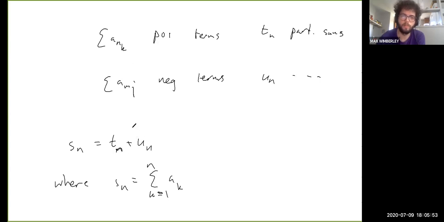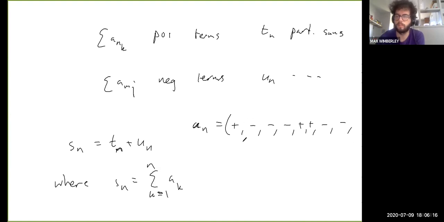Because the whole point of having to take these subsequences is that you don't know what the pattern of pluses and minuses is. It could be plus, minus, minus, minus, plus, plus, minus, minus, et cetera, right?